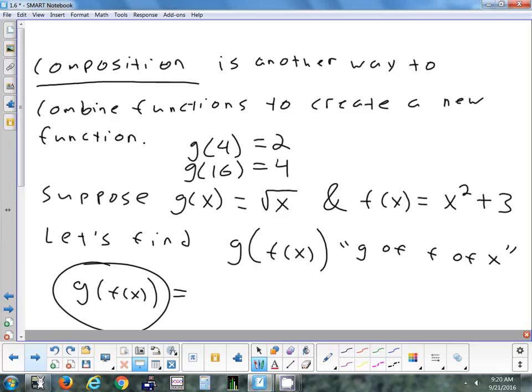Now we're going to do the same thing, but not with a number. We're going to take what's in parentheses, and we're going to plug it into function g. So I have g of, what does it say up above f of x is equal to? Hey, f of x is x squared plus 3.